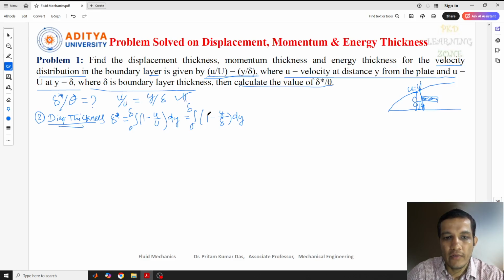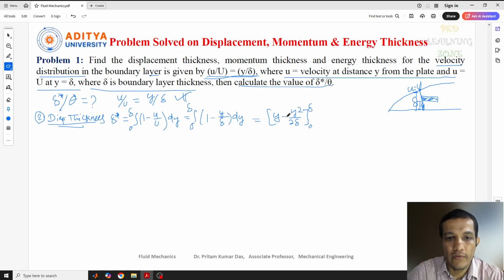Solving this, integration of 1 dy gives y, minus integration of y by delta dy, which is y square by 2 delta, from 0 to delta.